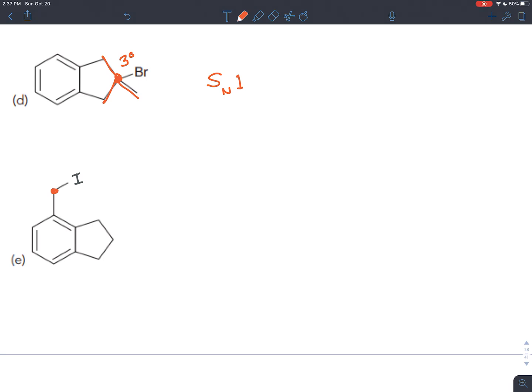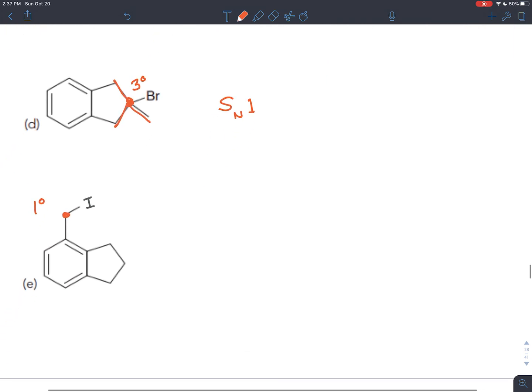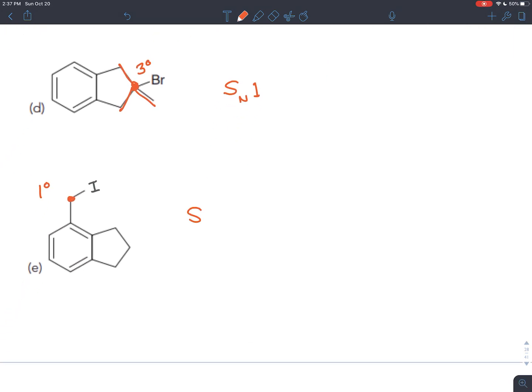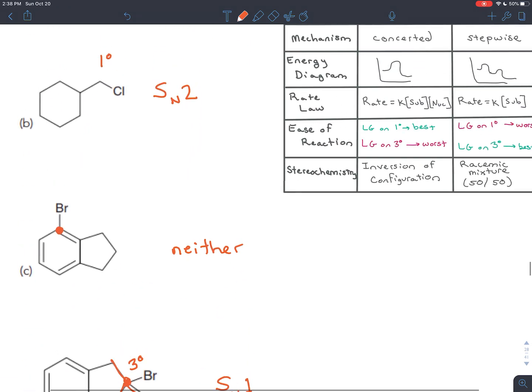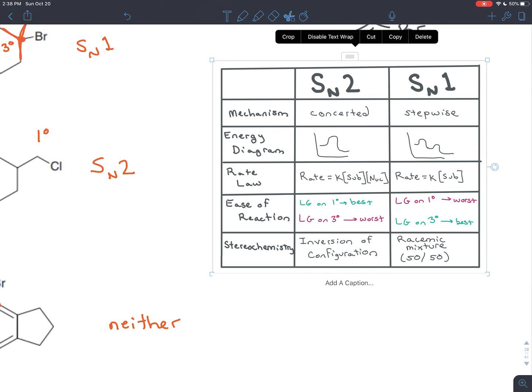That iodine is bonded to this carbon here, that carbon is bonded to only one other carbon. So it's primary, and having the leaving group on a primary carbon favors an SN2 reaction. And again, if it's not clear why a primary carbon favors SN2 and a tertiary carbon favors SN1, I encourage you to go back to that video titled Understanding Substitution Reactions, where we fleshed out this table.